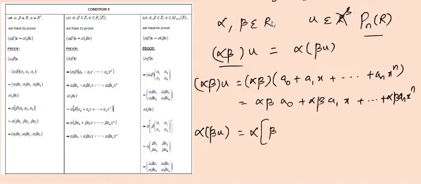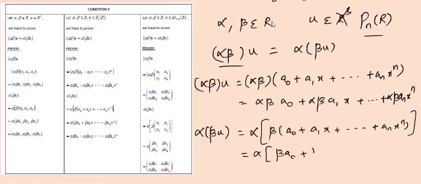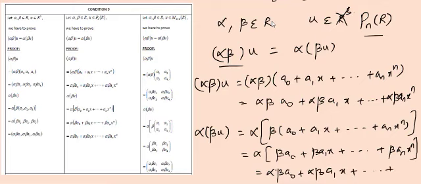Alpha into beta U is A0 plus A1x plus up to An x power n, so I am just multiplying beta inside. Very simple. Here in the first case we have multiplied both alpha beta, the entire thing is multiplied inside. Here we are multiplying one by one. So if alpha gets inside, you will be having both the terms equal.